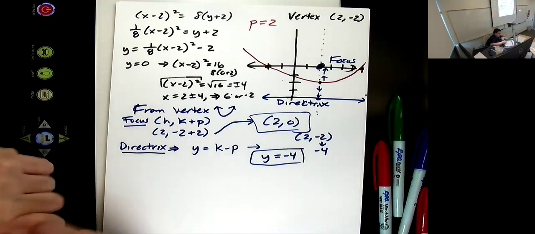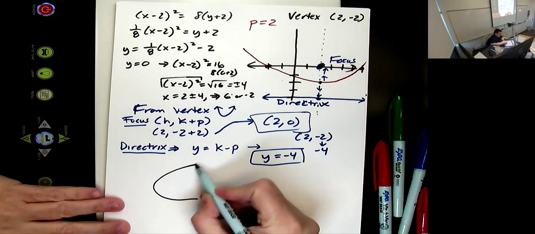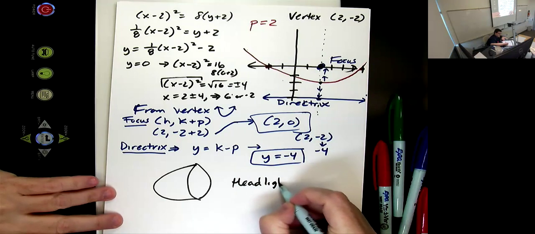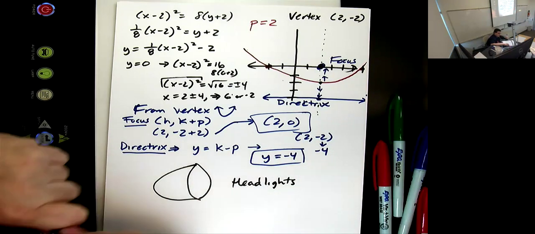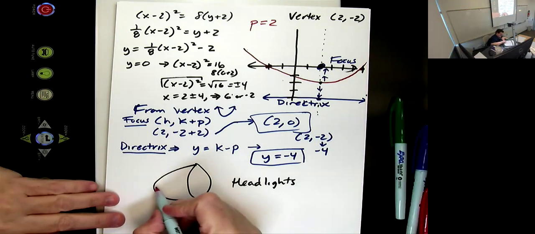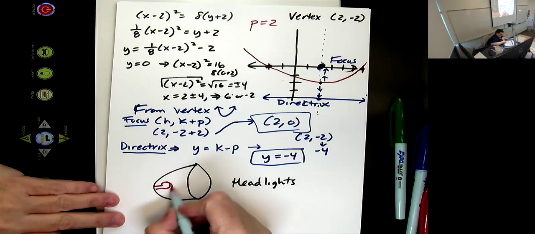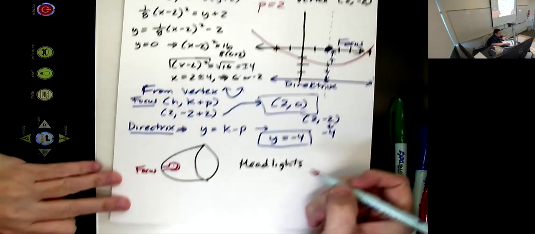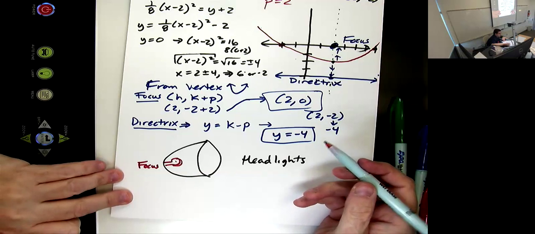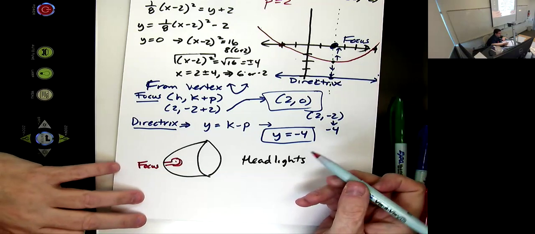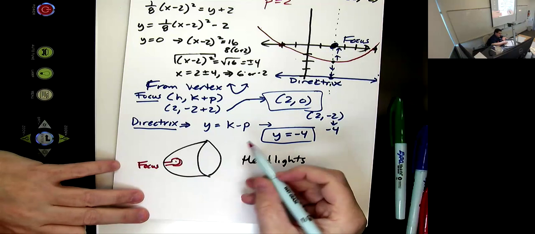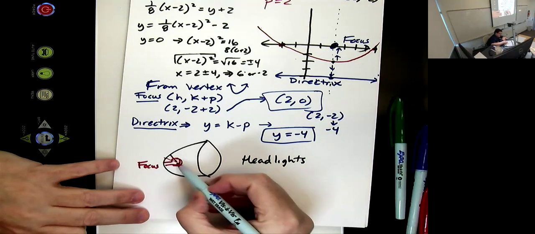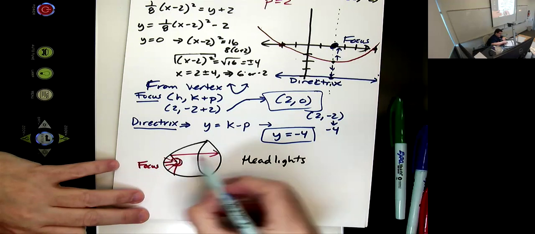So, headlights. The little light bulb is at the focus. The convenient thing about a focus for a parabola, or a paraboloid when it's three-dimensional like this, is that no matter which direction the light goes out from it, it all reflects straight.